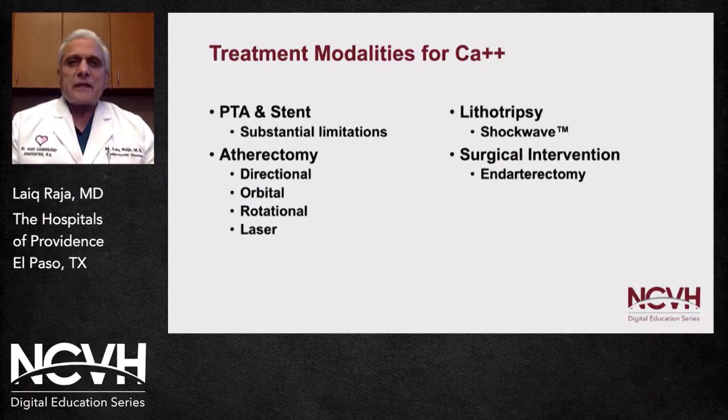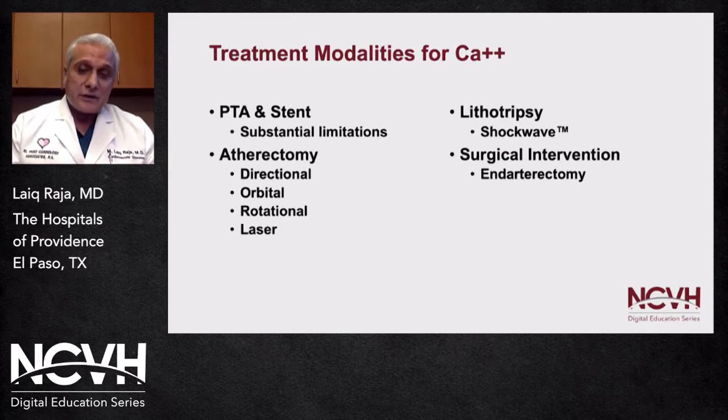Now, what are the different treatment modalities available for treating patients with severely calcific vessels? We know that balloon angioplasty or stenting directly probably may not be the right choice, leading to, as I explained before, multiple complications. There are certain atherectomies which have been used by debulking the calcified area to improve the compliance and have better results.